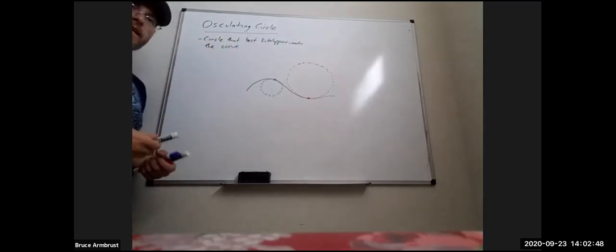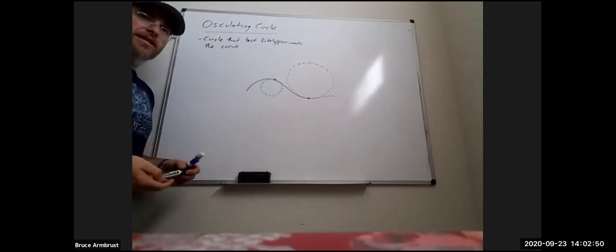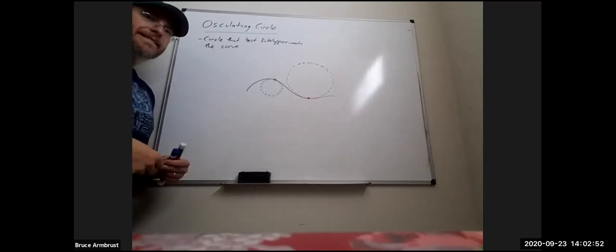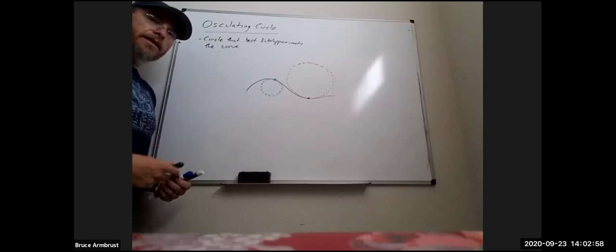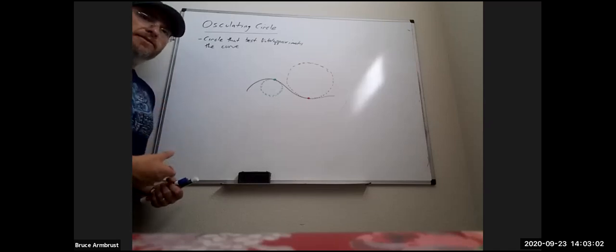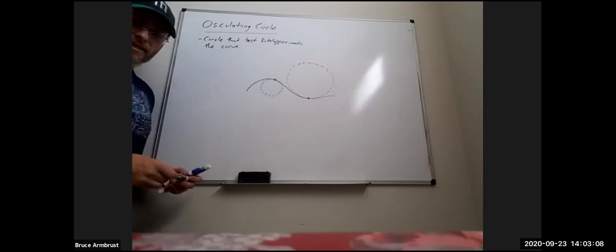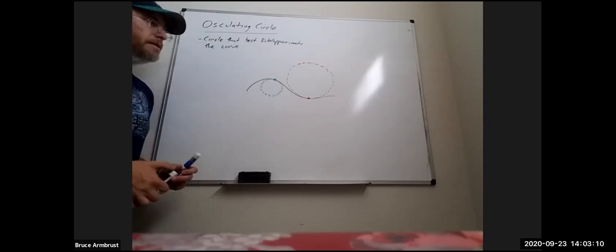So it's sort of the equivalent of tangent lines, right? A tangent line is a line that best represents the curve at that one point. The osculating circle is the circle that best represents the curve at that point. Okay, so that's what the osculating circle is.